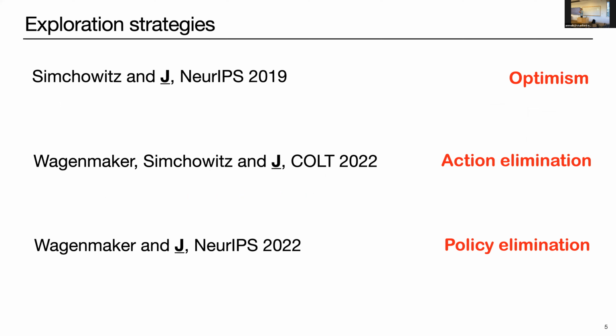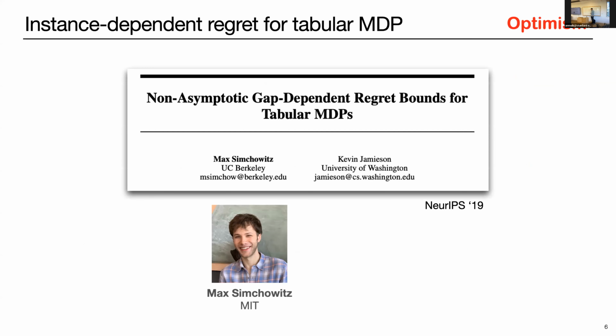These are three very different strategies for exploring reinforcement learning problems: optimism, action elimination, and policy elimination. So these are three different papers towards very different ends, but they're kind of unified in their goal of developing better exploration. This first work is going to be on regret minimization, and is with Max and Joyce at MIT.